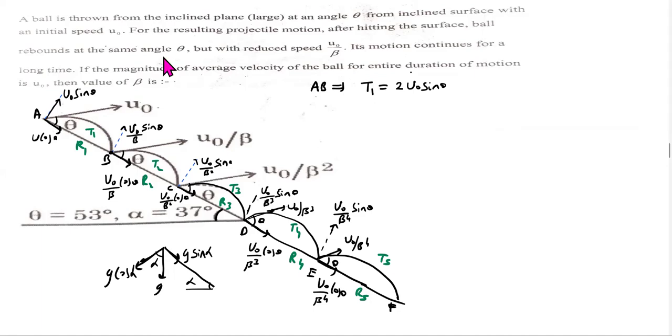Let me indicate. How much it will be? G cos alpha. And along the incline, let it be G cos beta. G sin alpha. Okay, fine. And this is R1.